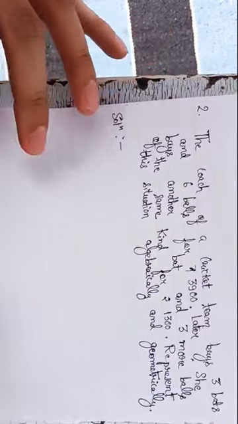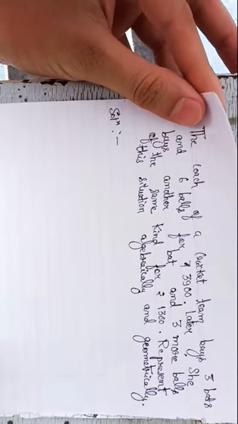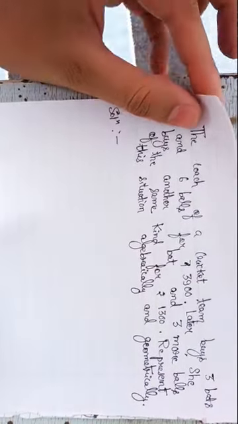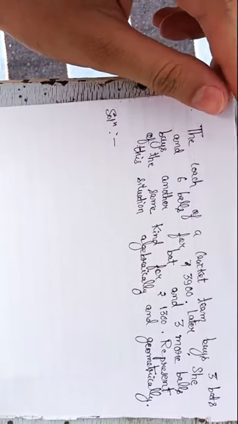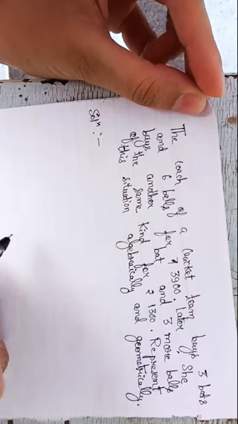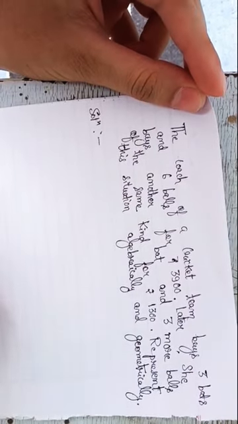It is very easy to express. Just see which are the two things, bat and ball. First of all we will assume the cost of 1 bat and the cost of 1 ball.